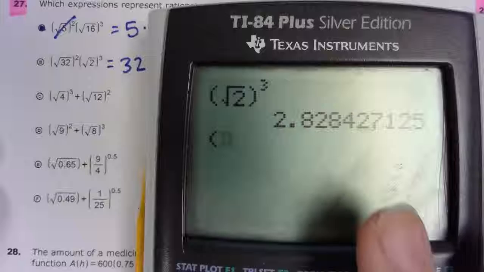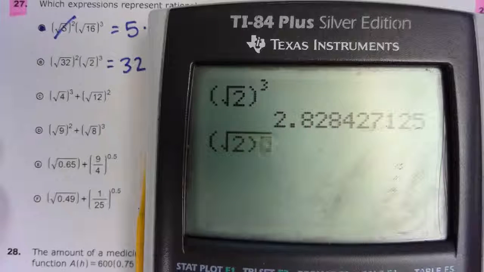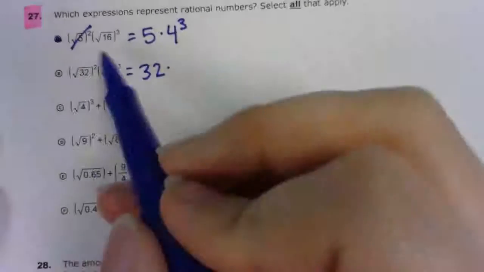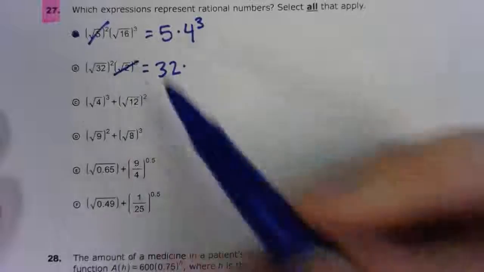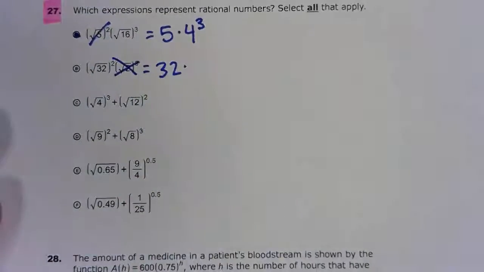But the square root of 2 to the fourth is going to be a rational number because it undoes it. So if it's to an odd power, then it stays irrational. Okay, so that one is not rational.